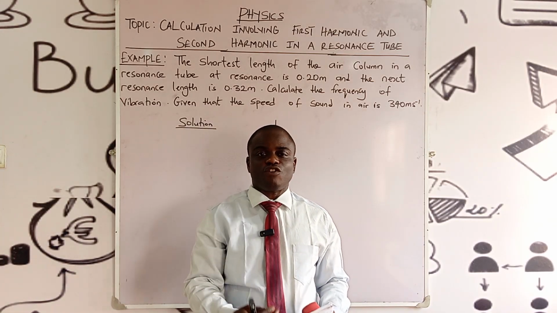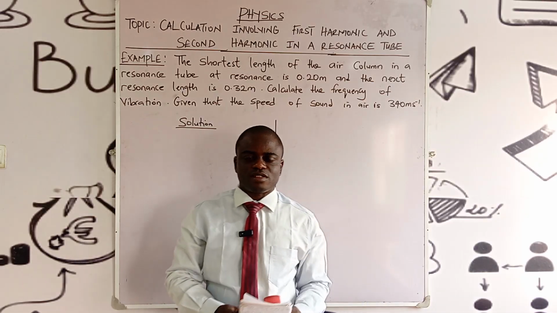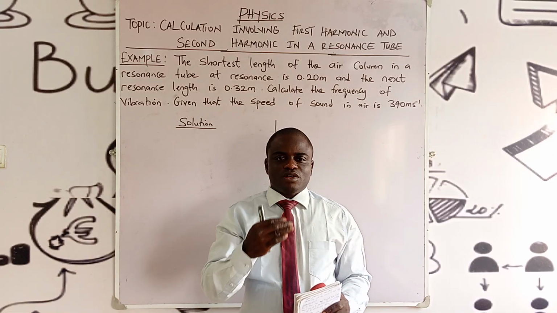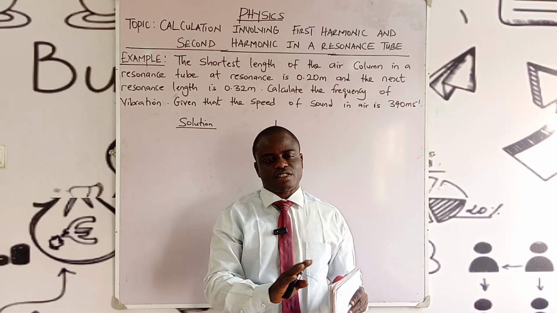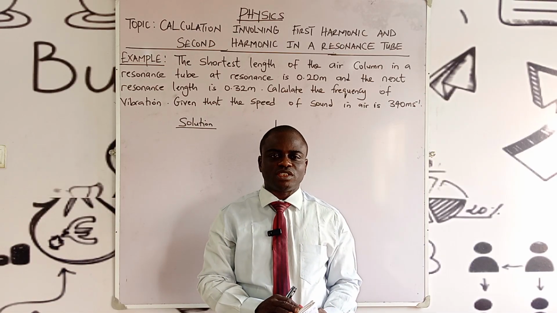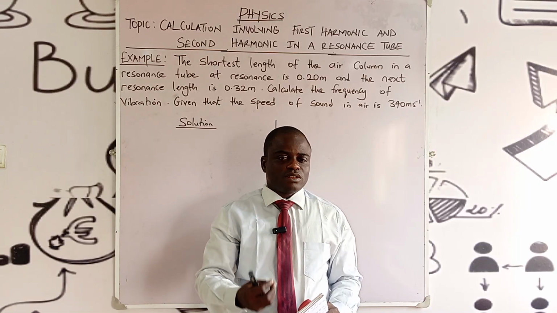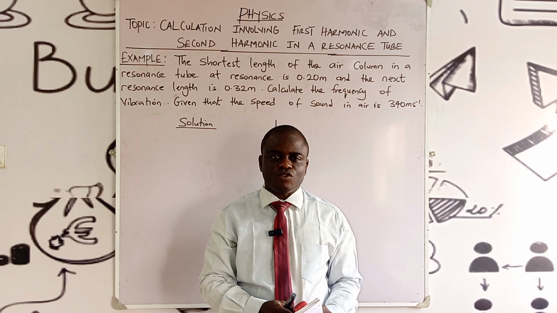Today, we're going to solve problems that involve first resonance and second resonance in a resonance tube. The resonance we're considering deals with the first harmonic and the second harmonic. And don't forget that the second harmonic is also referred to as the first overtone.